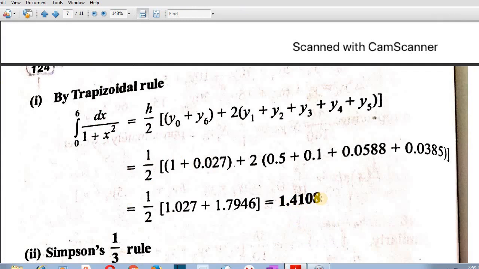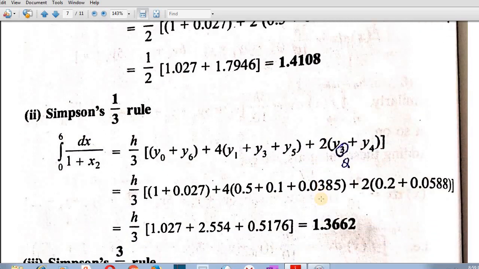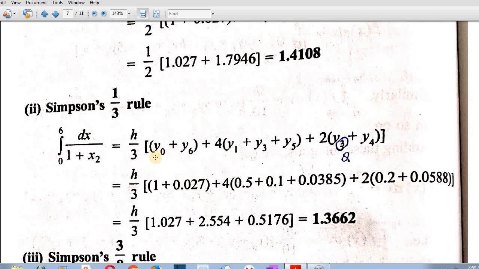Similarly, the same problem can be done by Simpson's 1/3 rule. See here, the 1/3 rule we have to write like this: y0, y6, here y1, y3, y5, all odd y values, and here all even values. So by using this formula I can find the solution by Simpson's 1/3 rule.